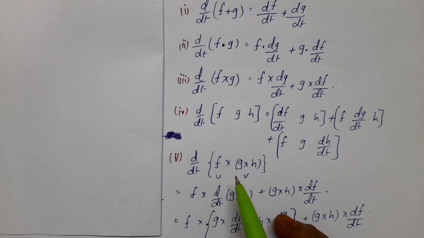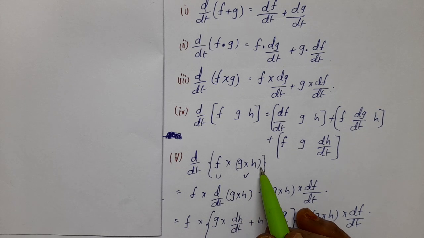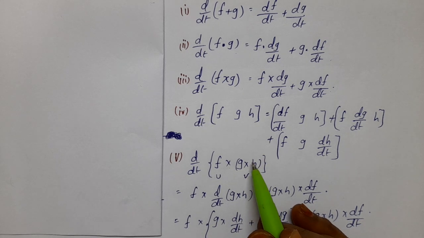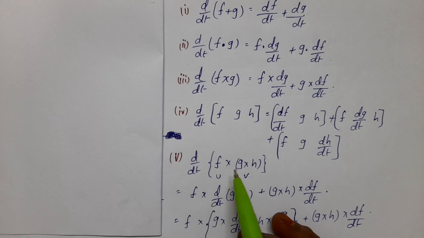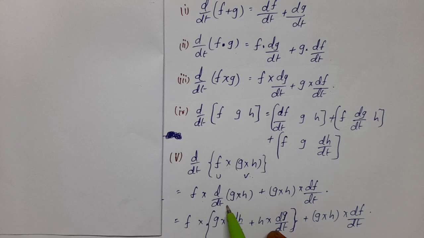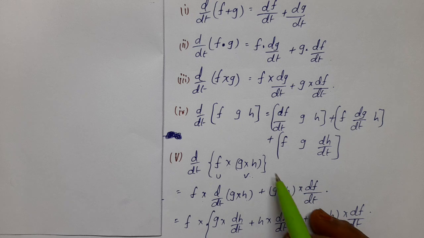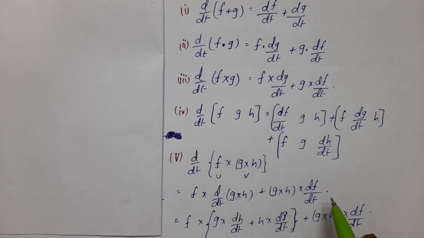Next one, derivative of f cross (g cross h). This g cross h can be taken as v. So here also we can apply the derivative of uv with the cross product: f cross derivative of (g cross h) plus (g cross h) into derivative of f.